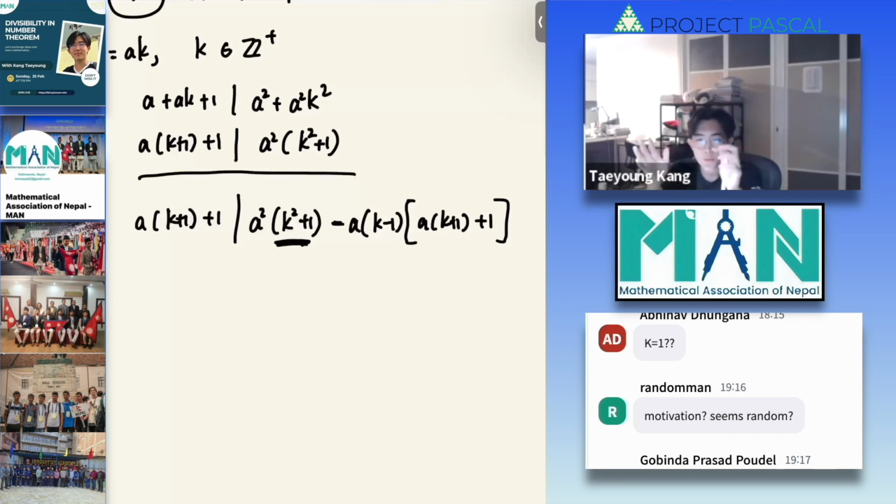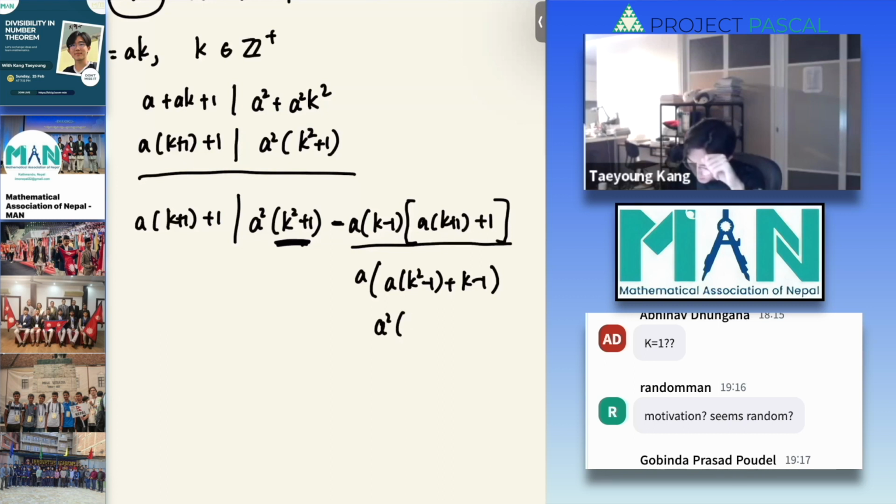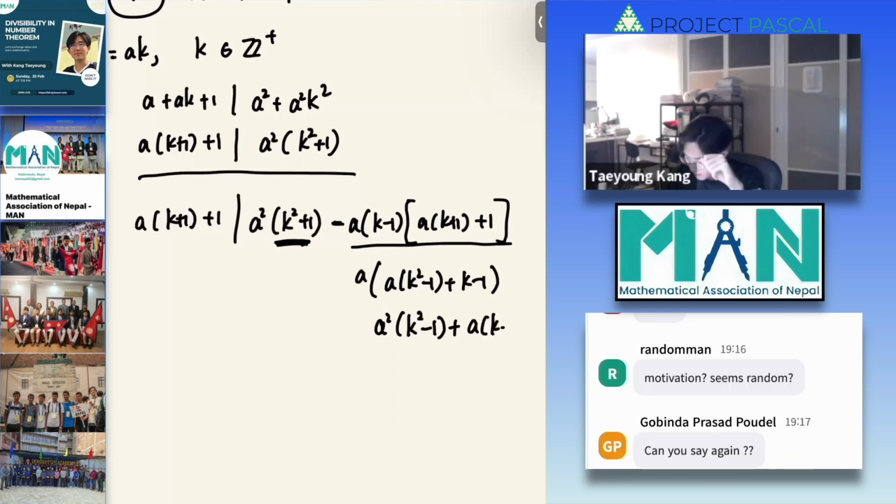So we want to somehow remove the k squared completely from the a squared term. We want to completely remove a squared k squared. And the closest we can get to it is this, because this is just a times a k squared minus 1 plus k minus 1, which is just a squared k squared minus 1 plus a k minus 1.